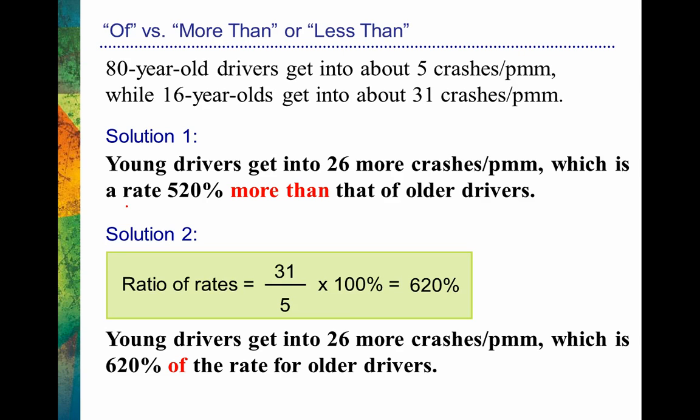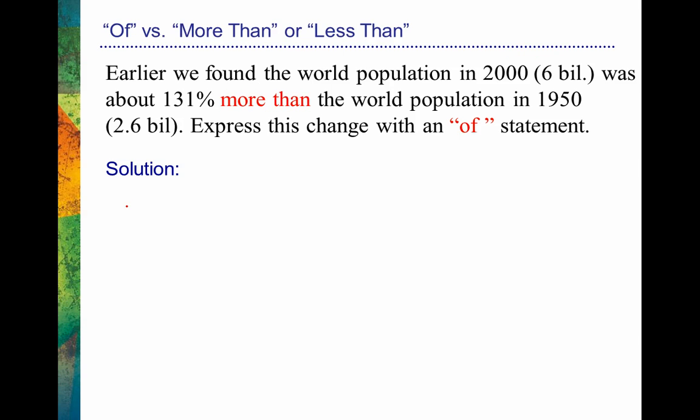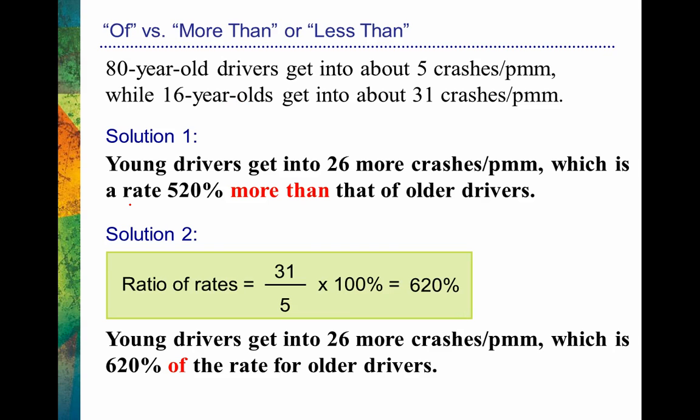Let's go through another example. Earlier we found that the world population in 2000 was about 6 billion people, and that that was 131% more than the world population in 1950. So how would we express that type of change in terms of an "of" statement? You might recall, the only thing we had to do differently here was essentially add 100%.